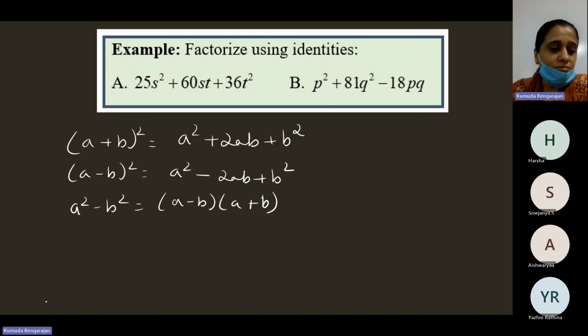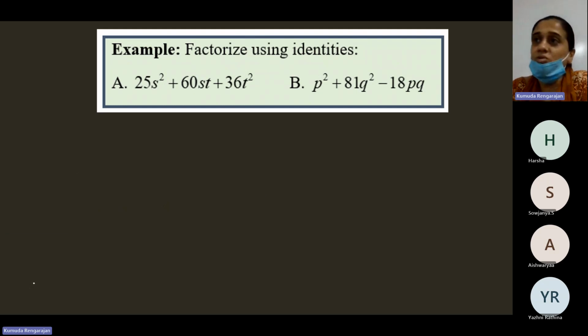Fine. So what we've been doing so far is factorizing algebraic expressions by the method of grouping. The method used was grouping the terms.